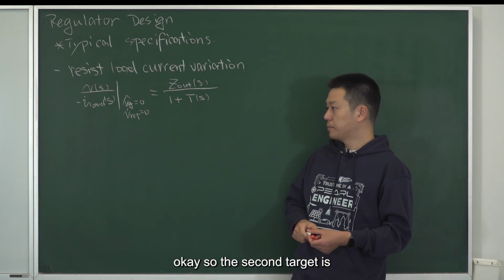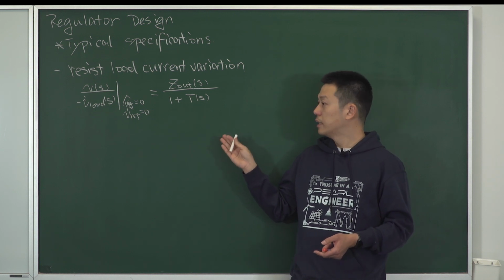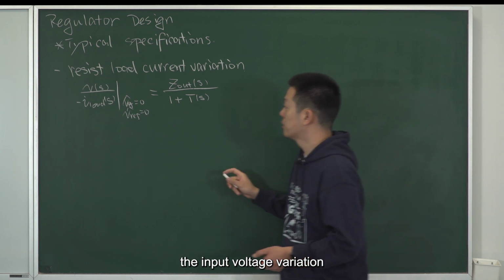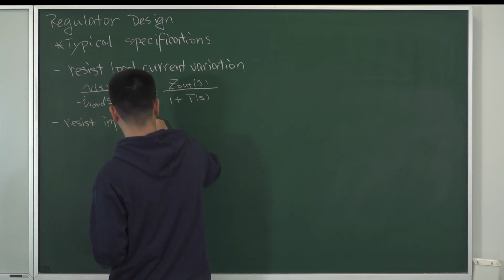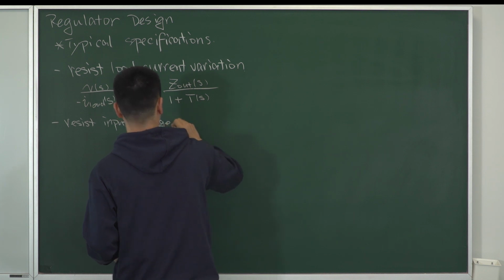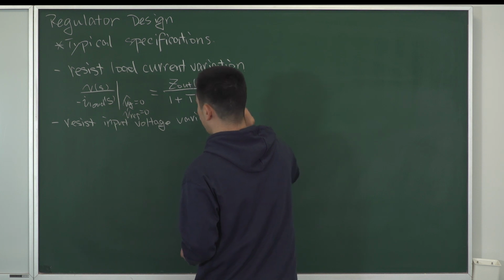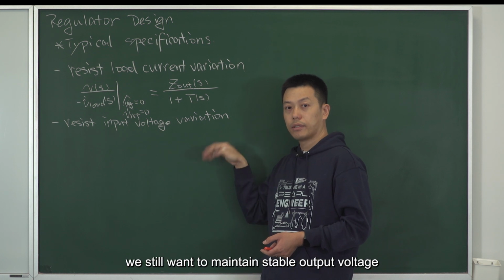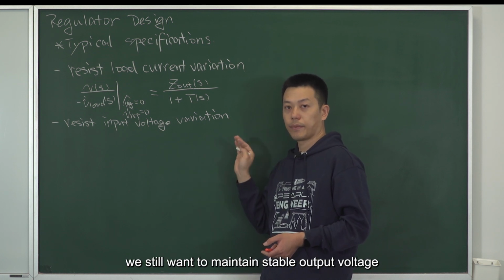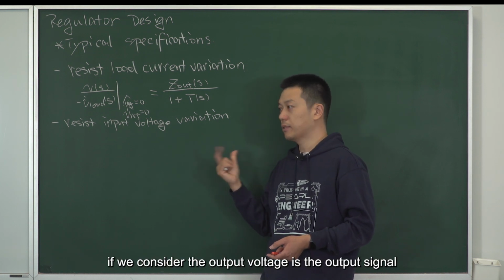Okay, so the second target is we want to have the closed loop system to resist the input voltage variation. So this means that even if the input voltage changes, we still want to maintain a stable output voltage if we consider the output voltage is the output signal.